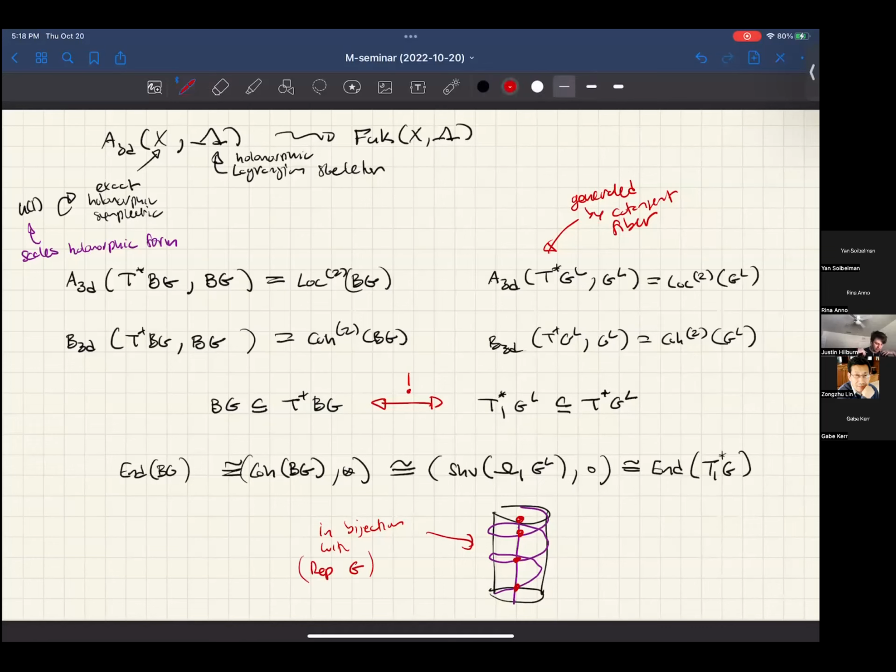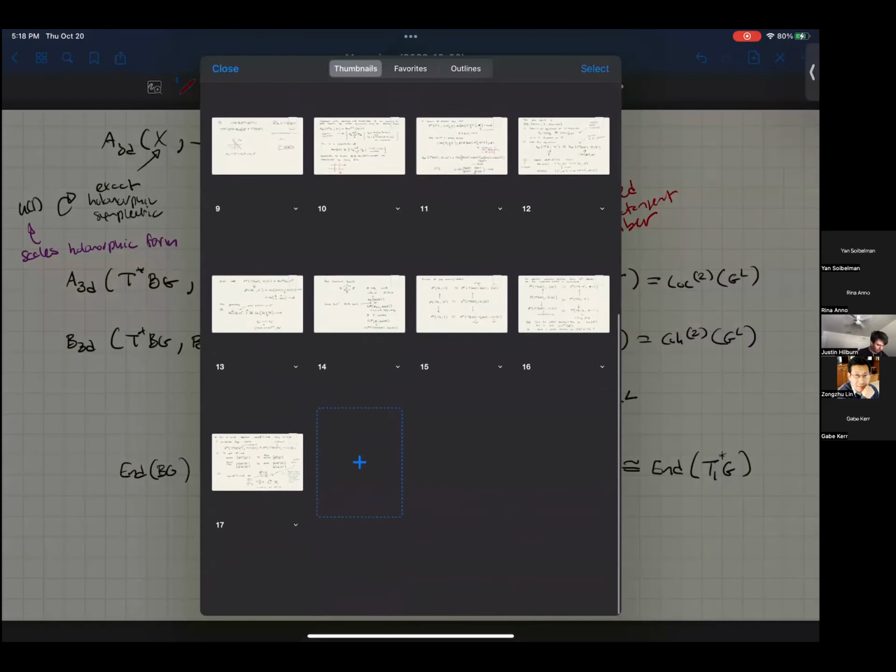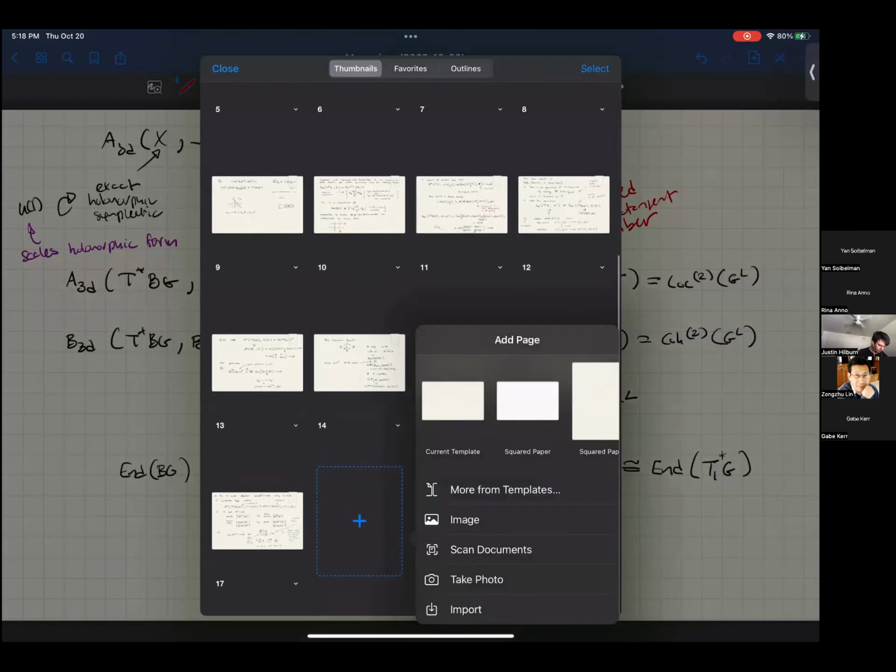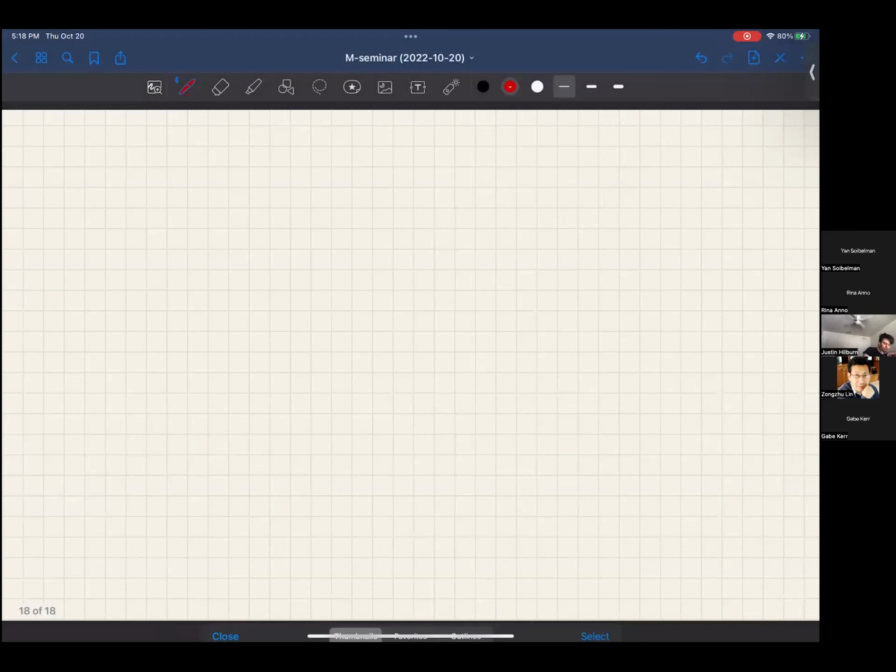What this tells you, let me state this in a much cleaner way, is that there should be some version of this category which is basically generated by the conormals to the subvarieties. And inside of that, you expect something like the HOMs between two conormals.